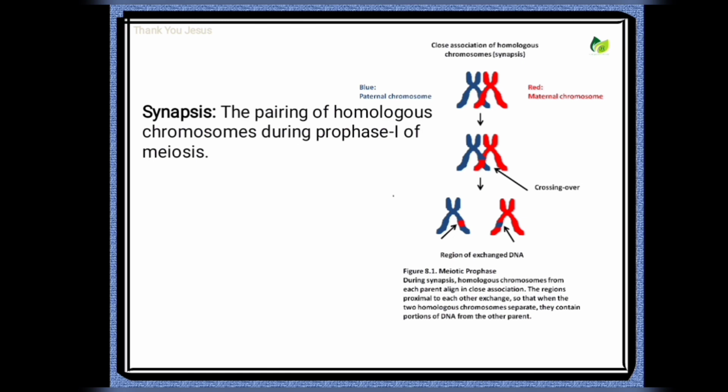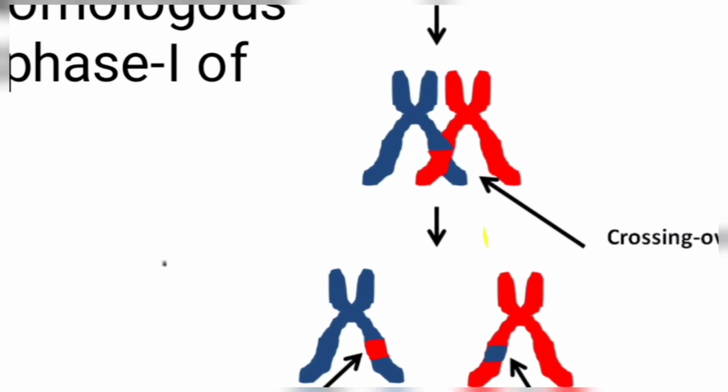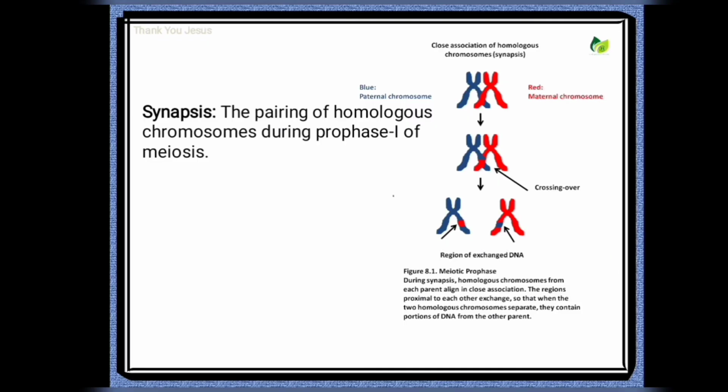That is nothing but the pairing of homologous chromosomes. They show chiasma-like structures. At the place of chiasma, an X-shaped configuration, crossing over occurs.